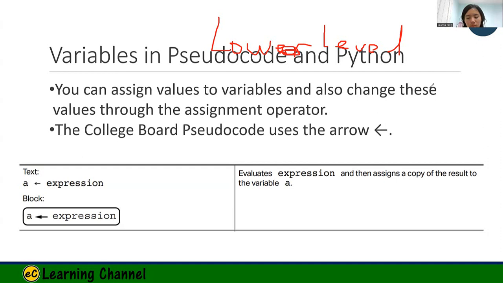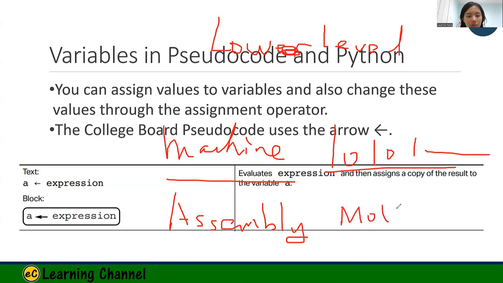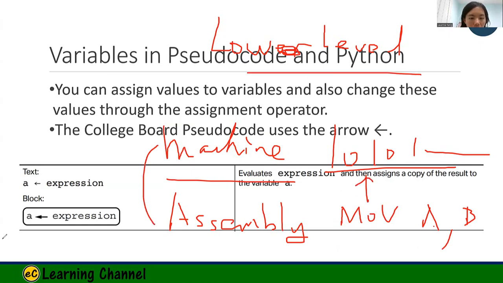Low-level language has no abstraction or barely any abstraction. That's true. But what is low-level language? Low-level language is machine code. So basically, your binary 0, 1, 1, 0, those kinds of things, is low-level language. Another low-level language is assembly. So it's the English-like mnemonic that represents the machine code, such as move register A to register B. And there's a one-to-one mapping between machine code and assembly. These two things we call low-level language.